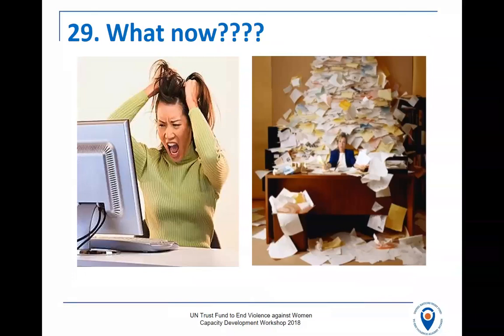So we're coming to the end, and you think, oh my goodness, there's so much information. Well, please don't panic. We don't need hundreds of indicators and hundreds of data collection methods. Neither do you. The picture on the right shows someone overwhelmed with information. Do not overwhelm yourself.